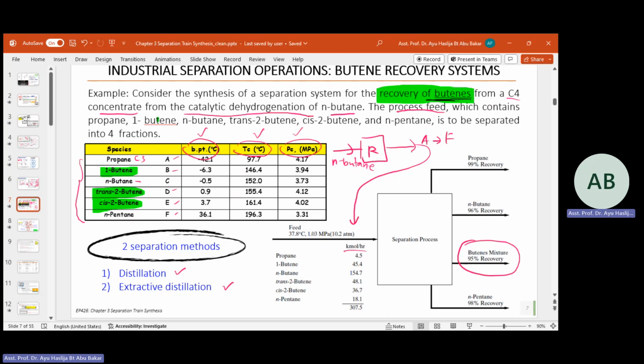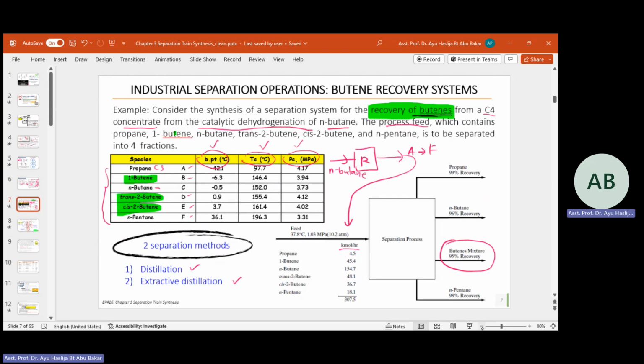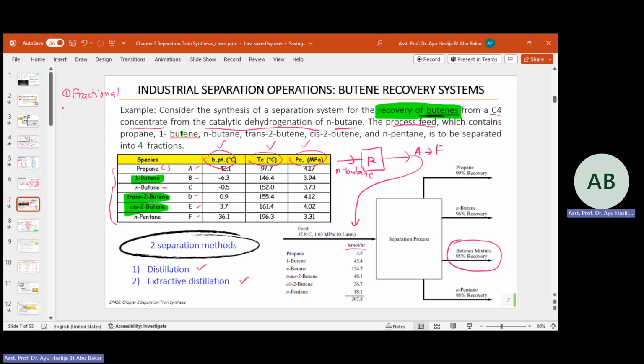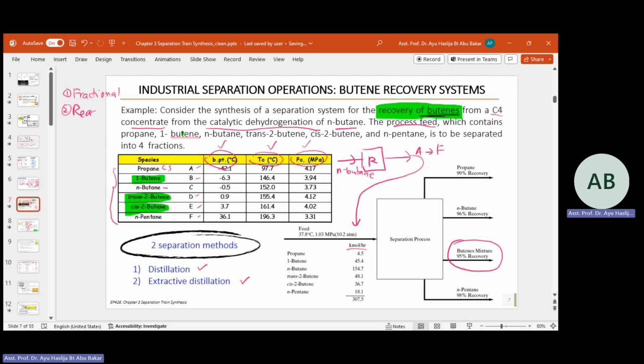What else, other than extractive? Yes, fractional distillation. Yes, reactive, which we had gone through in previous lectures.